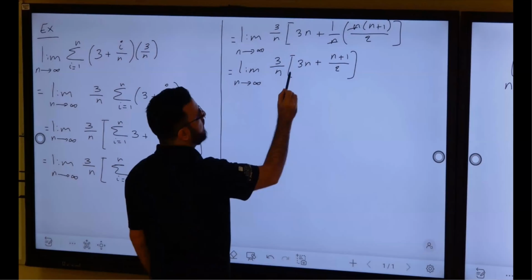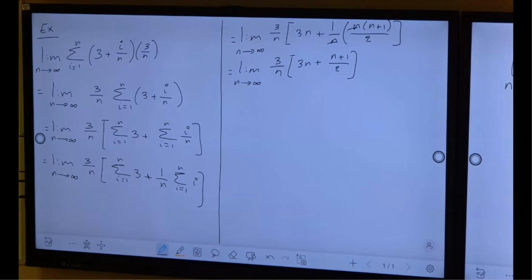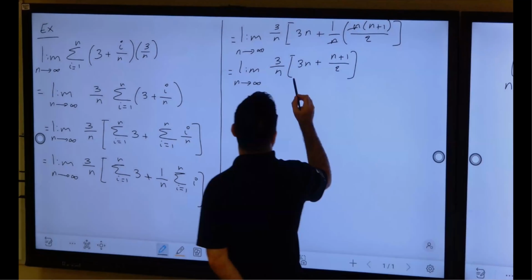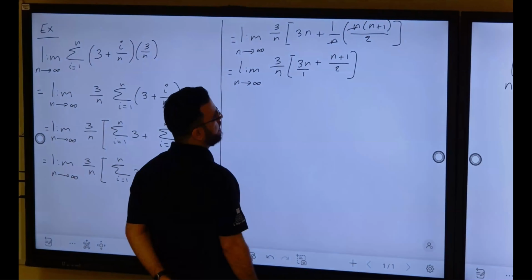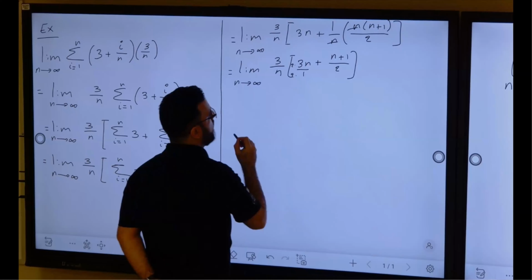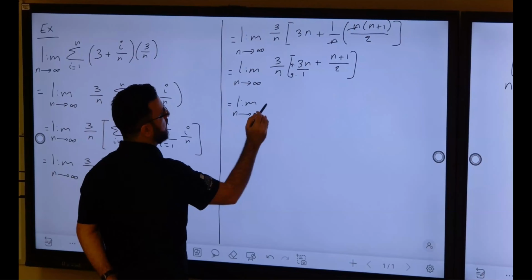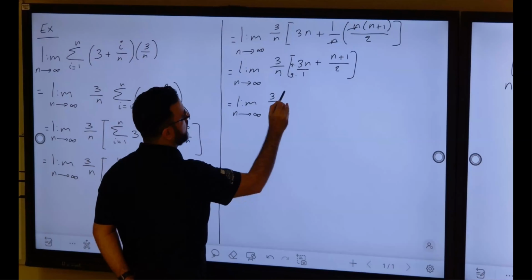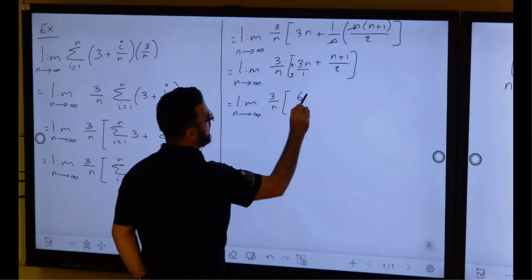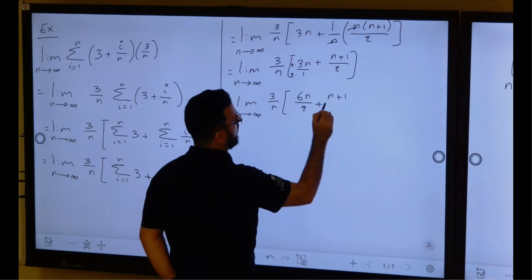So if I say this is over one, can I multiply this one by two, and here by two? So it's going to be the limit when n approaches infinity. Keep this one. This one is going to be 6n over 2 plus n plus 1 over 2.